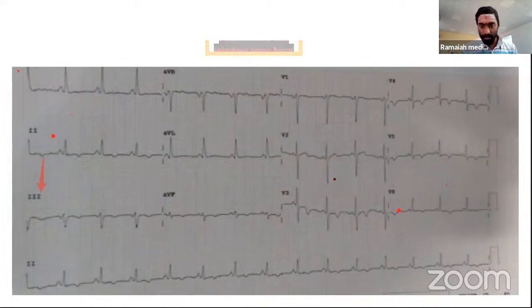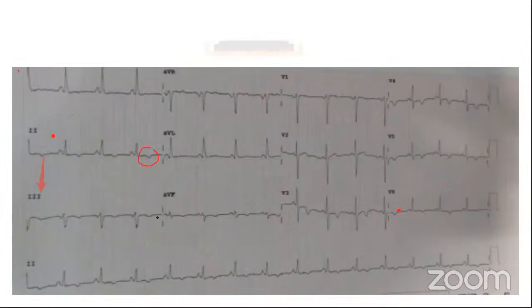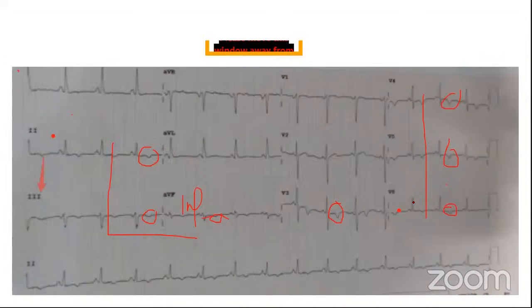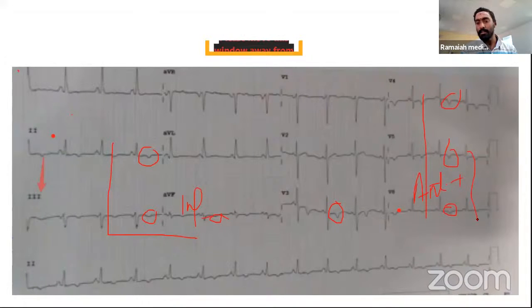Here you are seeing some T wave inversions in 2, 3, aVF, V3, V4, V5, V6. So how will you describe this? This is the inferior wall, and this would be anterior, plus V5, V6 will be lateral.